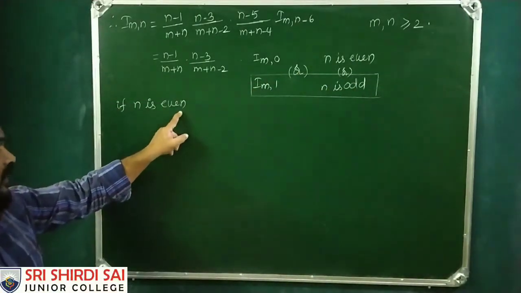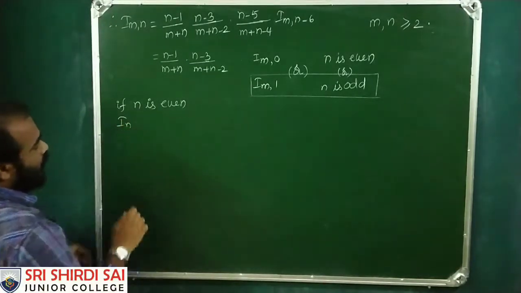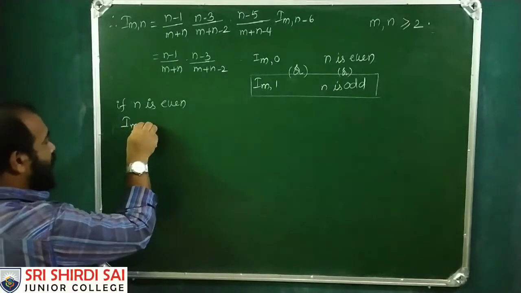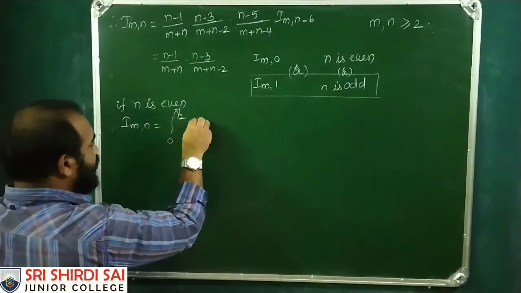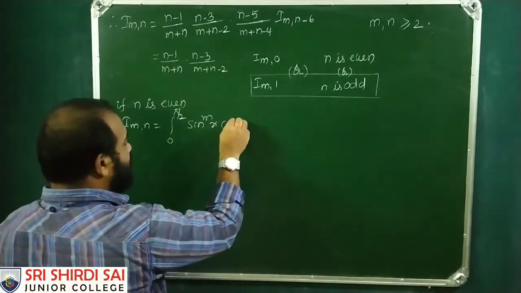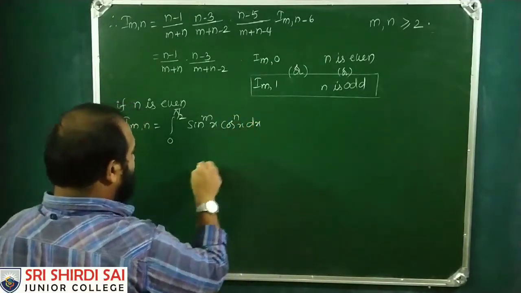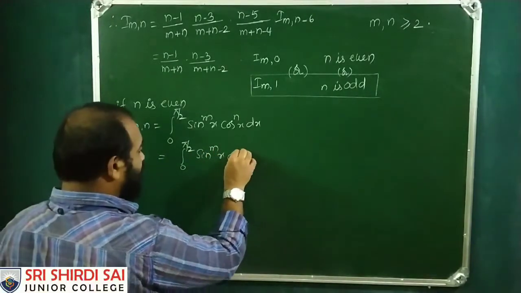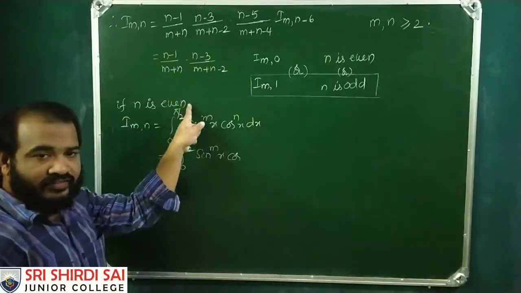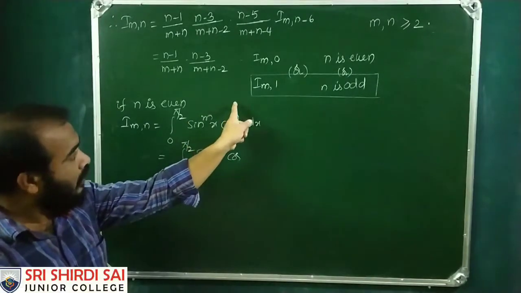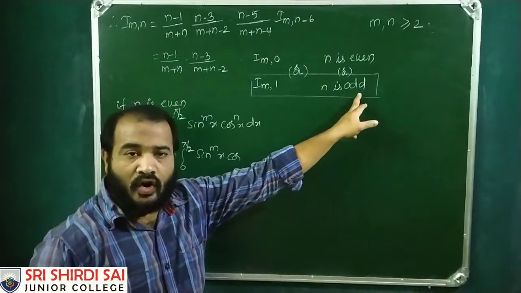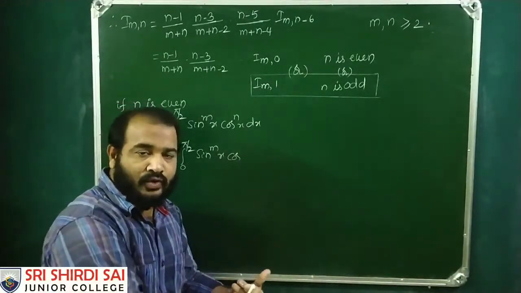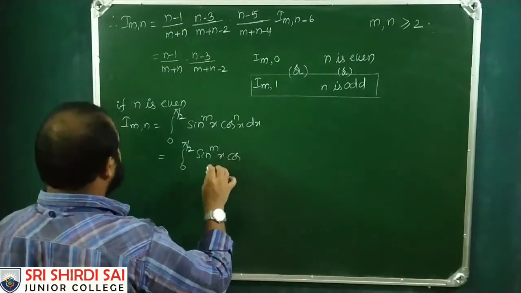Now if n is even, I(m,n) will end with I0. That means I(m,n) = integral 0 to pi/2 of sin^m x cos^n x dx ends with the integral 0 to pi/2 of sin^m x cos^0 x dx. If n is odd, it ends with I1, which we have discussed earlier, and I am not discussing it again to avoid confusion.